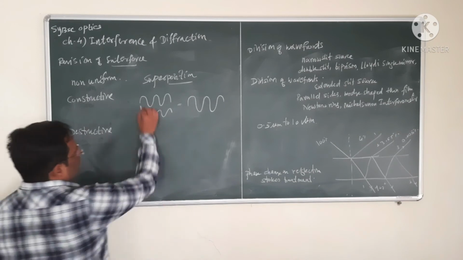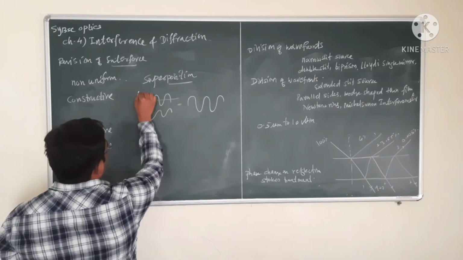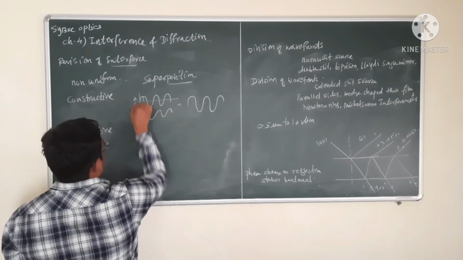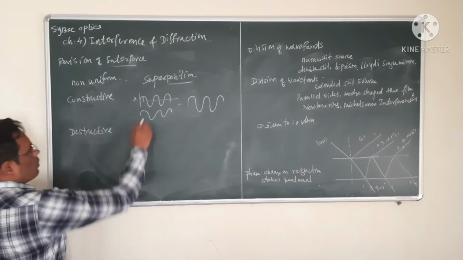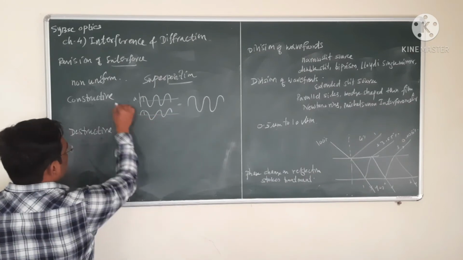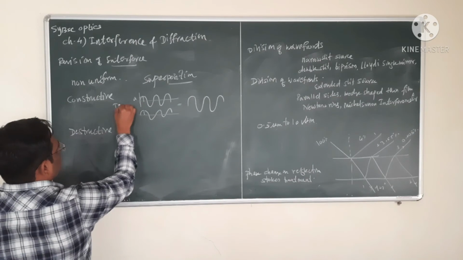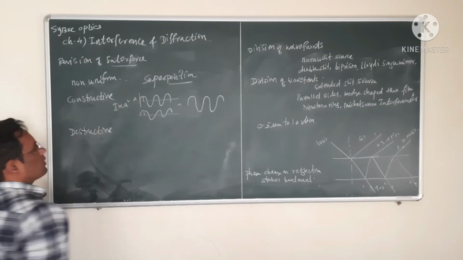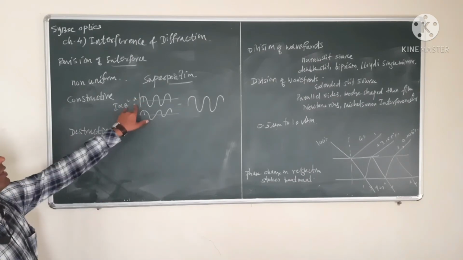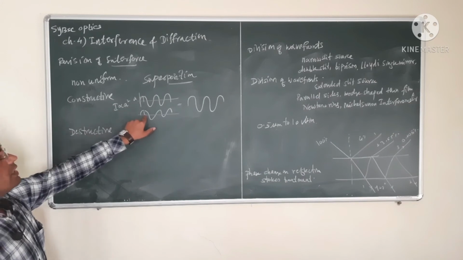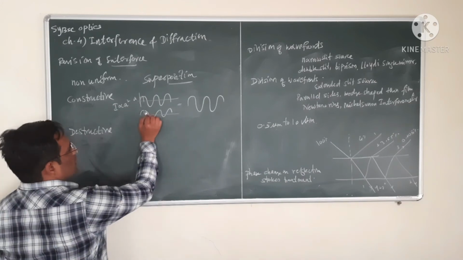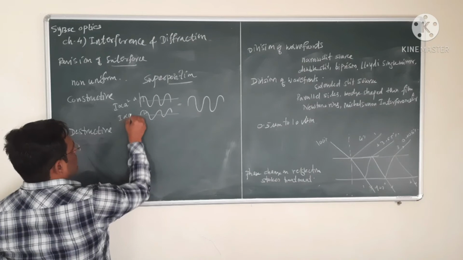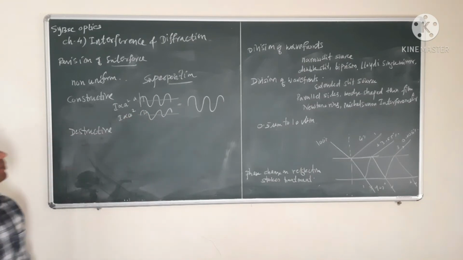Now you know that amplitude of this wave is this distance. So if you look into intensity, intensity is proportional to a square. So intensity of this wave is proportional to a square. Intensity of this wave, since these two waves are identical, is also proportional to a square.